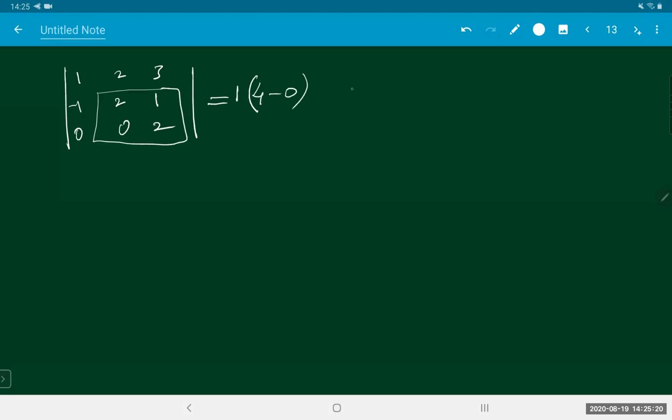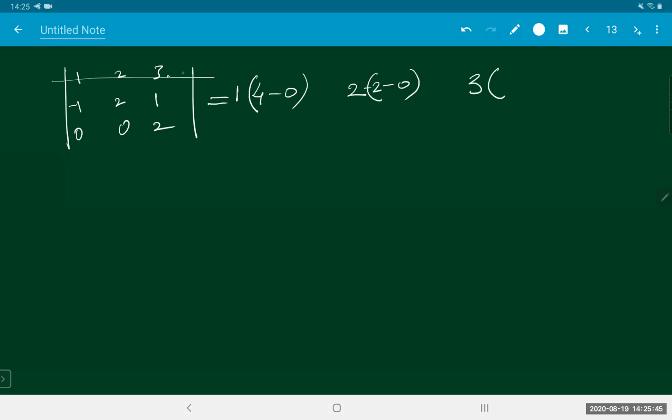The second term is going to be 2. So I close this, and then I have, with what is left, minus 2 minus 0. And then in the third term, I take this one, so 3.